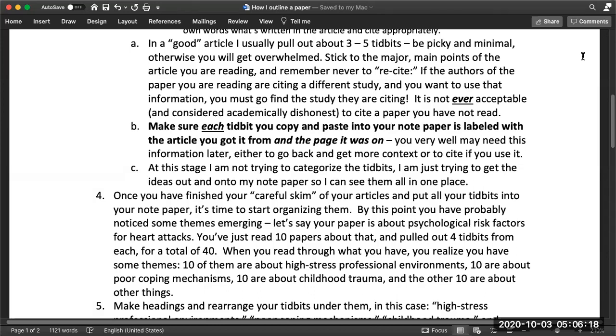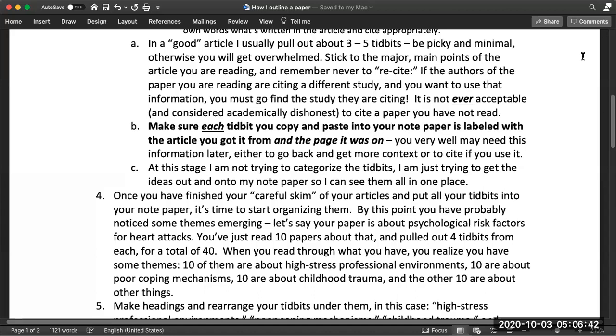But you need to go and find that original work. If you want to cite that, that's fine, but you have to go and find the original work that was done and cite that original article. You cannot cite a researcher talking about another researcher. That is never acceptable, and that's considered academic dishonesty because you can't cite something you haven't read.